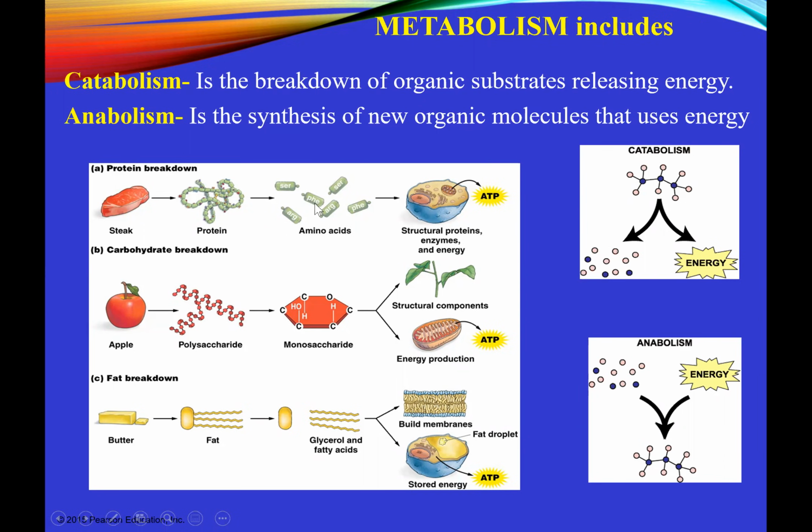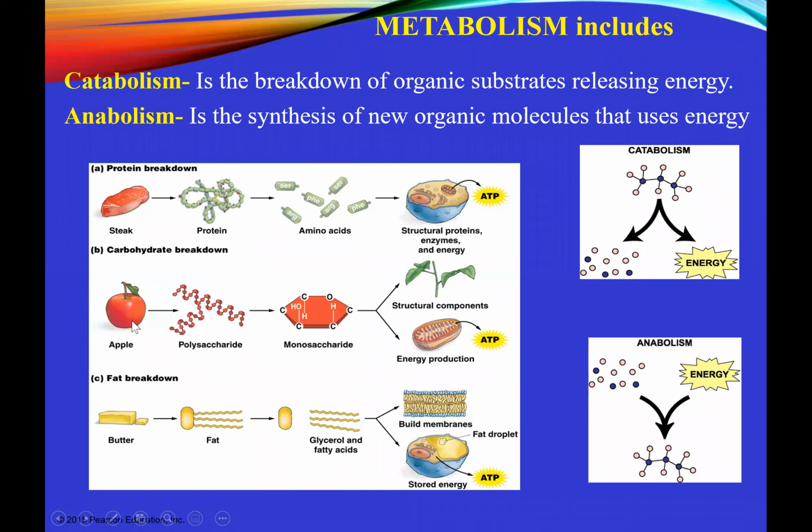Our body is going to break it down into the monomers, and then weave together the amino acids to make the proteins that it requires. For example, for muscle contraction, our body needs actin and myosin, right? So, as required, our body is going to make them. These are the building blocks.